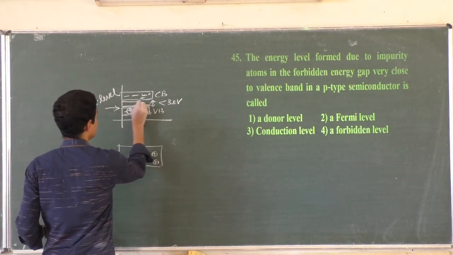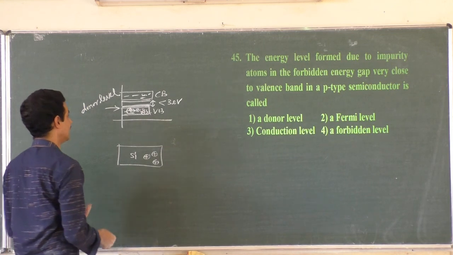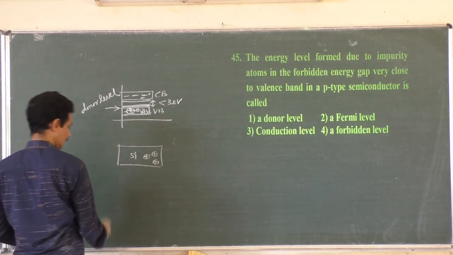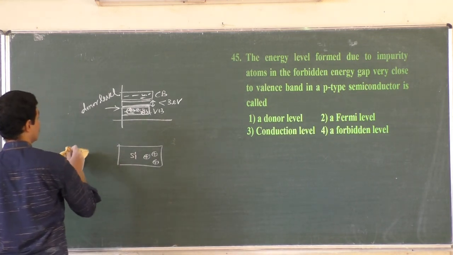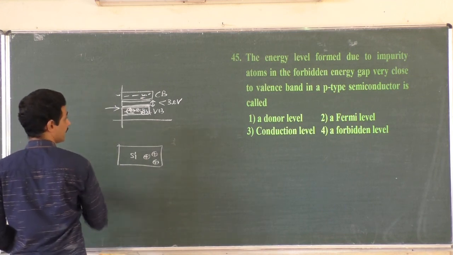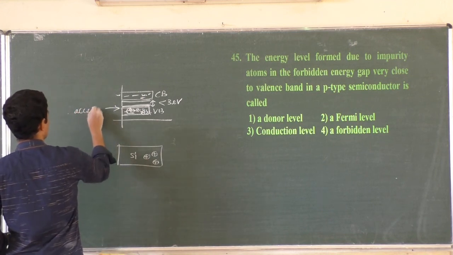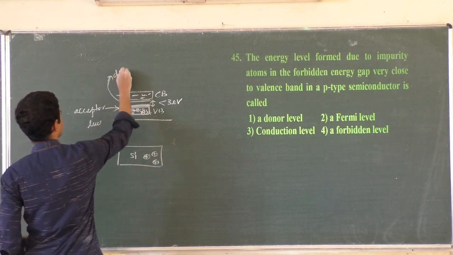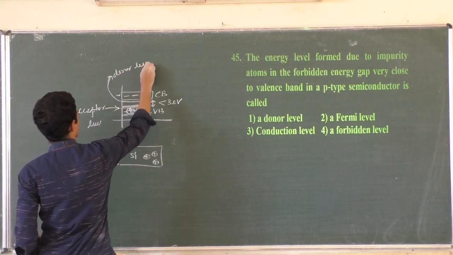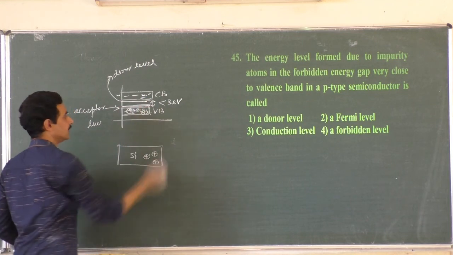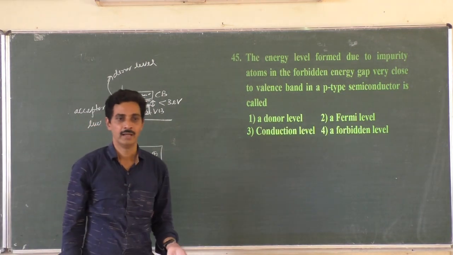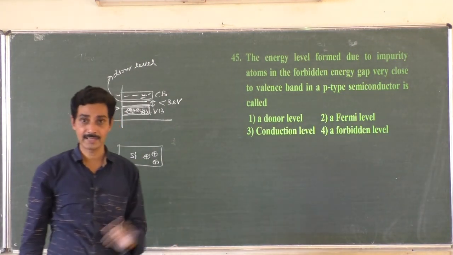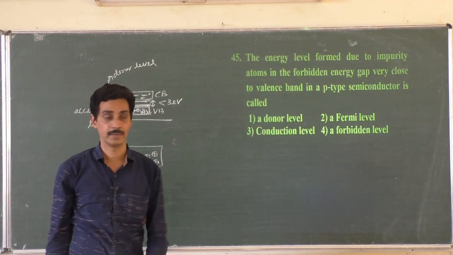That energy level will be just below the conduction band. This is the acceptor level, and this is the donor level. Because a pentavalent impurity donates one free electron. A trivalent impurity creates a shortage. It is ready to accept.